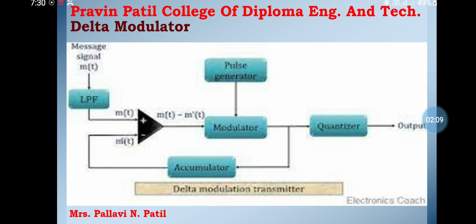This 1 bit is sent by comparing the present sample value with the previous sample value, and the result, whether the amplitude has increased or decreased, is transmitted. If the step is reduced, 0 is transmitted, and if the step is increased, then 1 is transmitted.